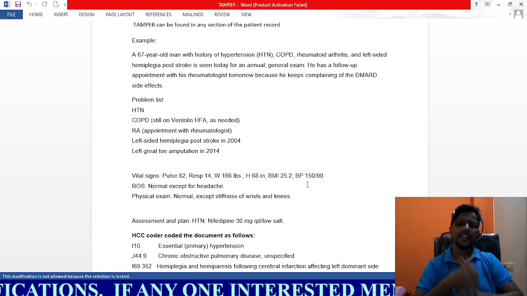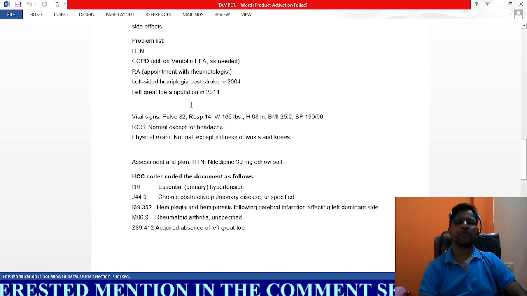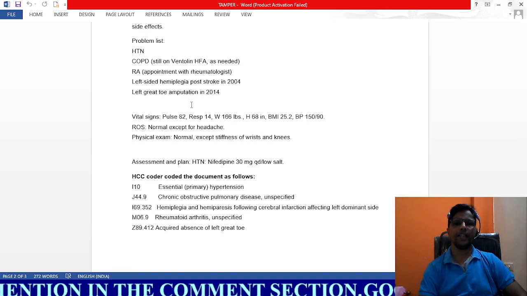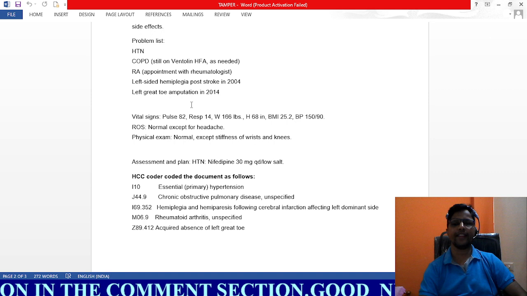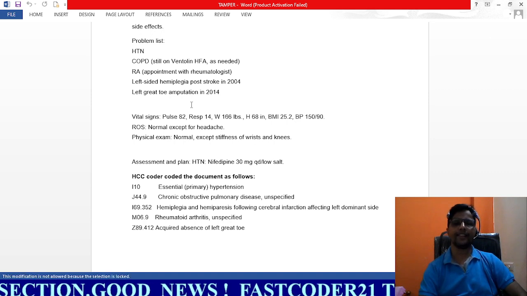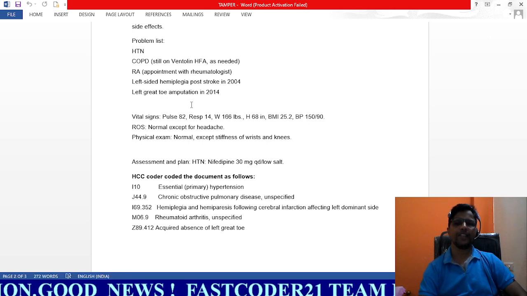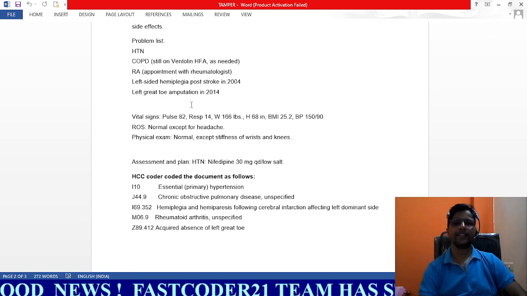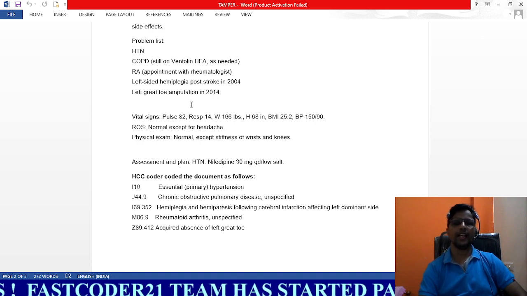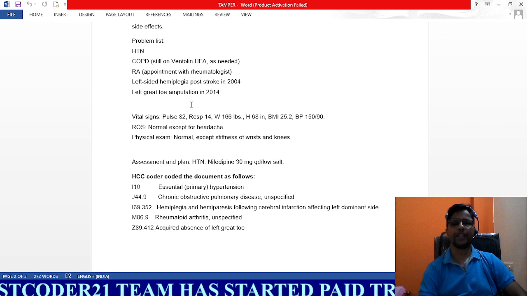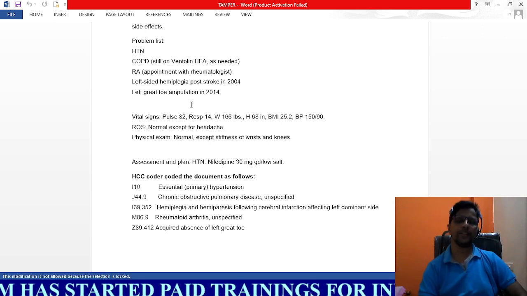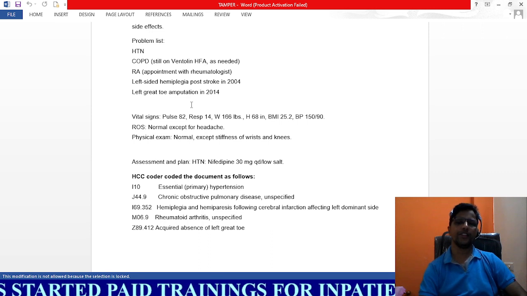If you check the documentation, we have the problem list first, which includes HTN, COPD still on Ventolin HFA as needed, and for rheumatoid arthritis, the patient is having an appointment with his rheumatologist, and the patient has left-sided hemiplegia post-stroke in 2004, and also left grade 2 amputation in 2014. Here, the physician has monitored the patient's condition using vital signs.